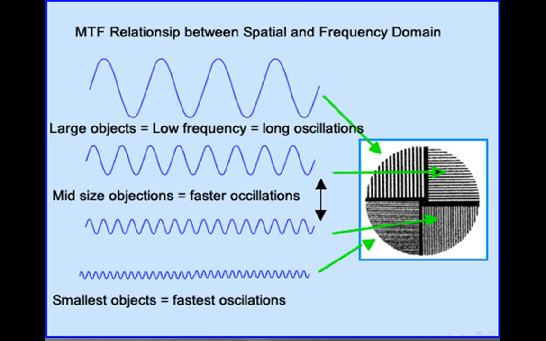So you can imagine that the repetition of line pairs here is a slow repetition, because the number of line pairs per centimeter is not a large number, it is a small number.